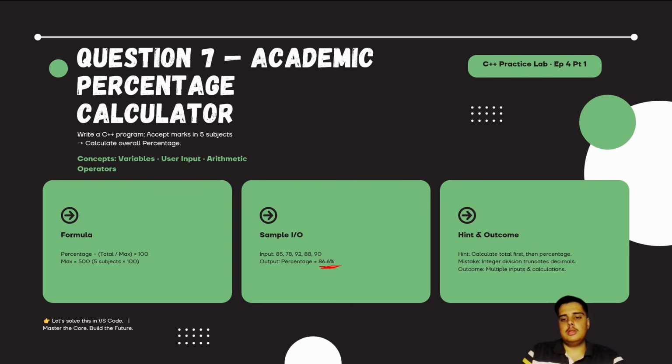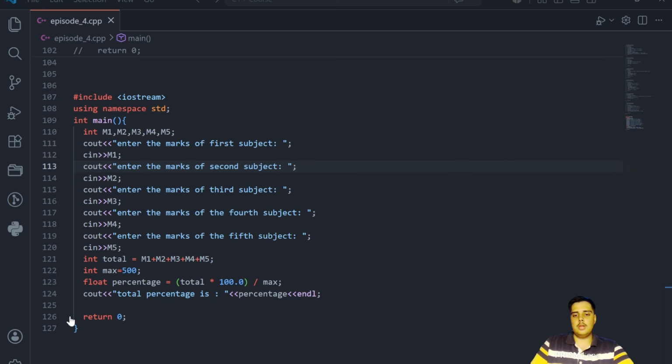The thing was that we have to include float here, but with float we also just don't have to write 100, we also have to write 100.0 to make the division and give an answer.